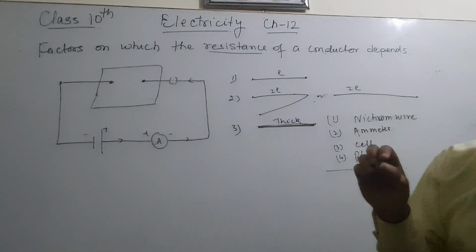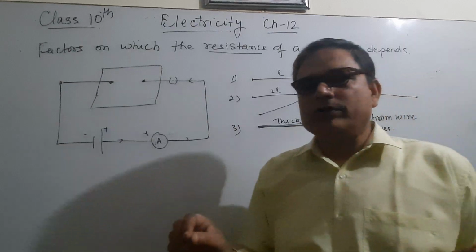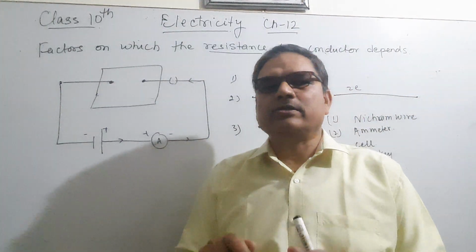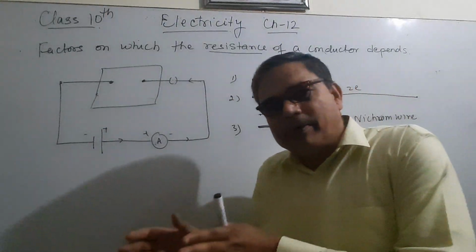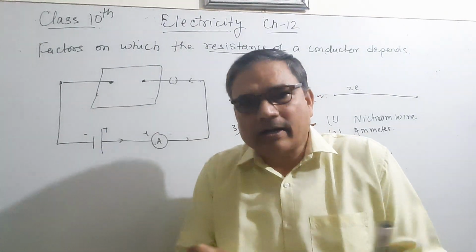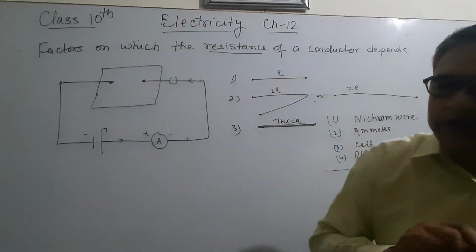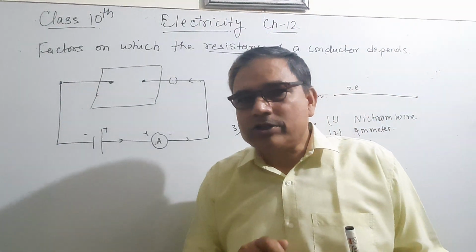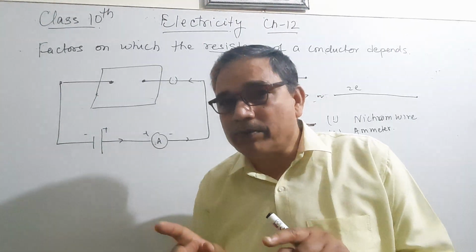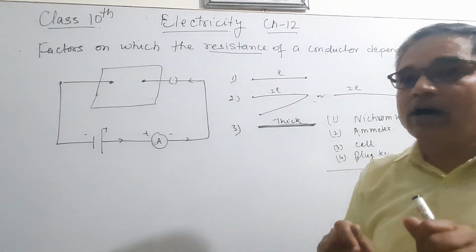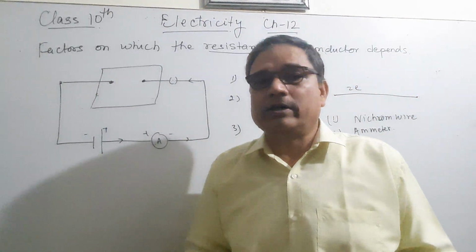A conductor allows electric current to pass, and a good conductor has negligible resistance. A conductor that has some appreciable amount of resistance is known as a resistor. A material that resists the flow of current, we will not call a complete insulator; it is a poor conductor. If it completely resists the flow of current, it is an insulator.